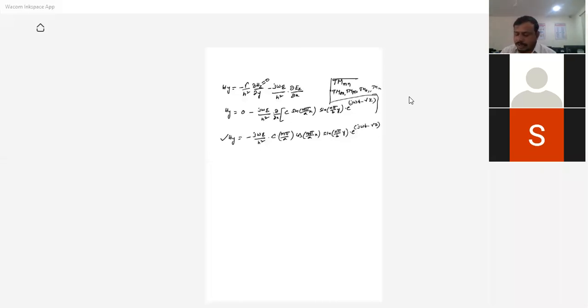That I will show you later, how we can find out these TM modes. So based on the number of variations with respect to x and y, we can write TMmn mode.